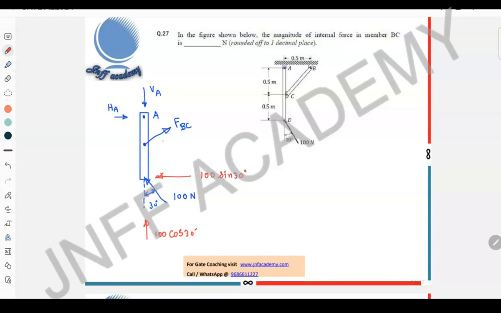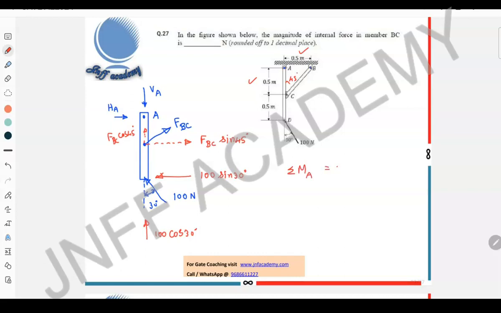Similarly, I can resolve this too. Check this dimension over here, 0.5, and here also 0.5. Then this angle will be 45 degrees. Now we can resolve this into two components, FBC sin 45 and FBC cos 45.